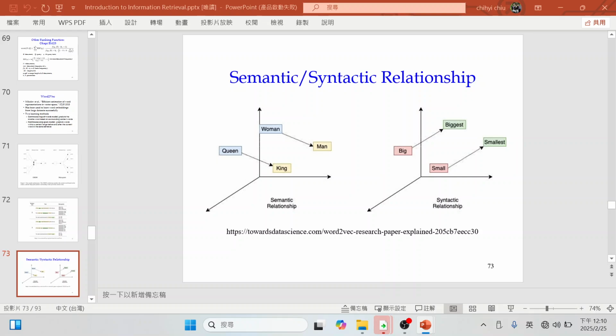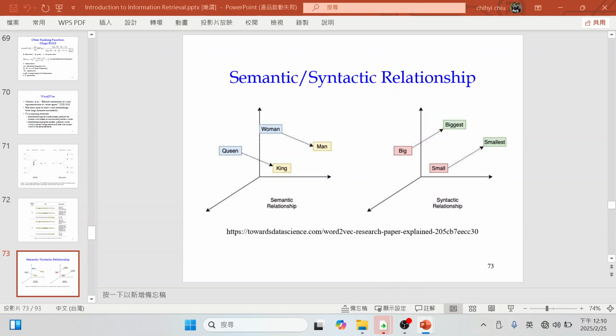Okay, in word2vec, they hope that after training, these words can keep the semantic and the syntactic relationship between them. Here we show 2 pairs.